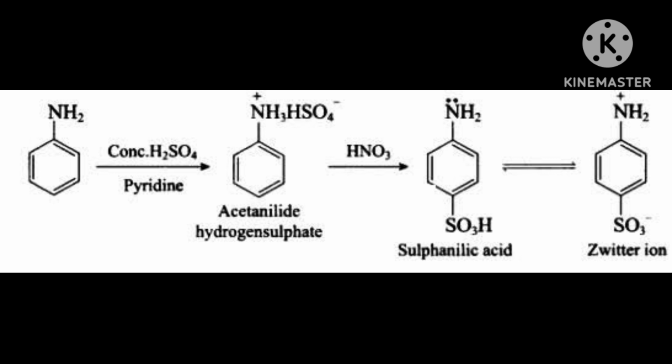Okay. Now one more thing I am telling you. NH2 has a lone pair of electrons on N. Then SO3H is there, and from that SO3H, the H can go as H plus.